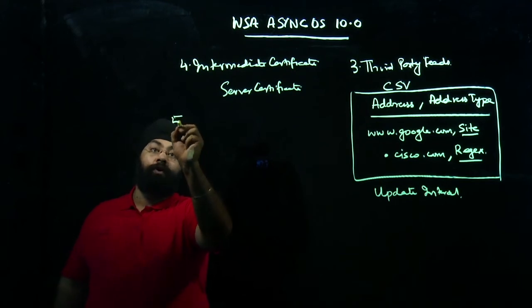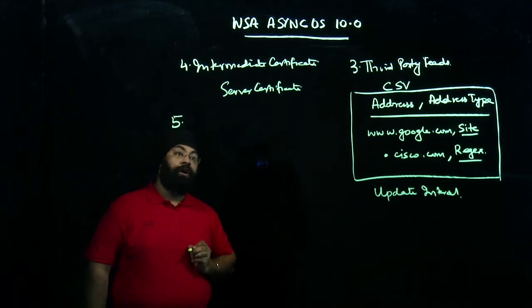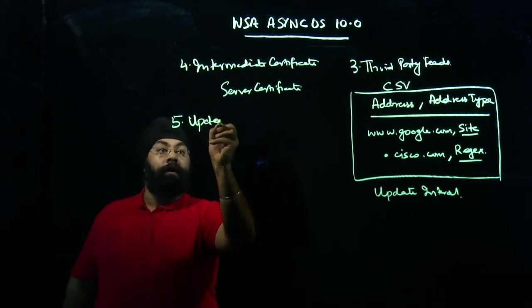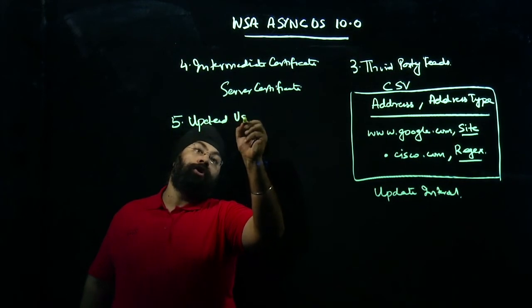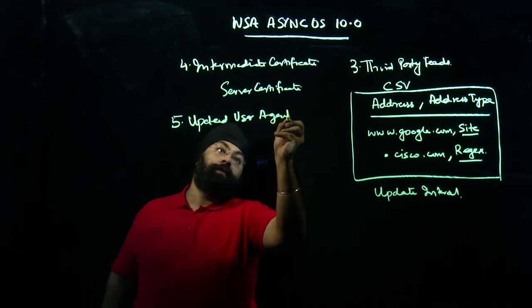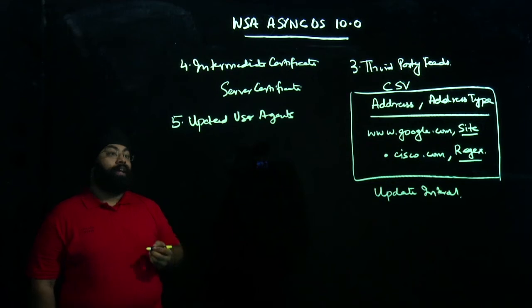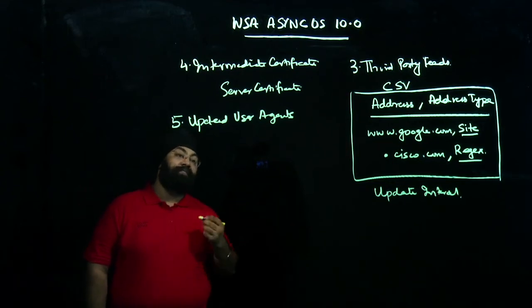Now the fifth thing which we have introduced as a feature here is updated user agents. Updated user agents have more to do with, for example, if you're using some specific browser, that is a user agent.